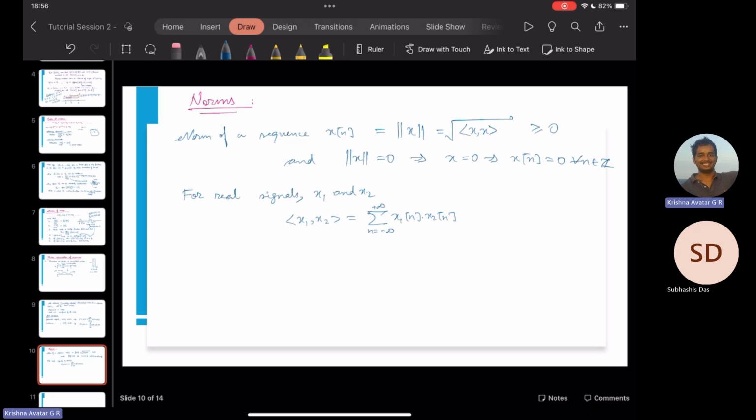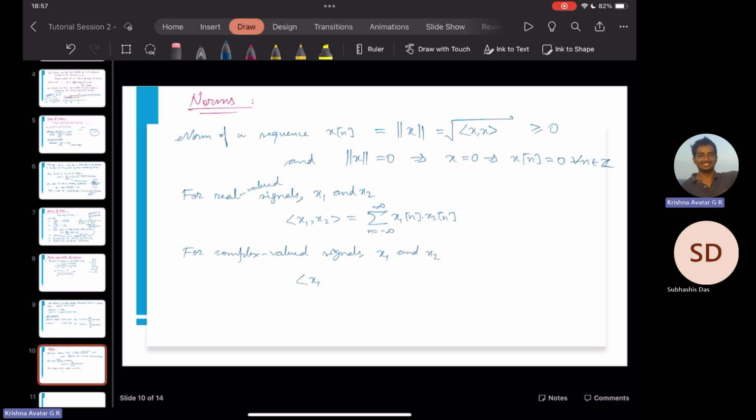Fine. However, for complex signals, we have to slightly tweak the definition of the dot product. So for complex valued signals, and here we should also call it the inner product for real valued signals, right? For complex valued signals, let's consider it still to be x1 and x2.